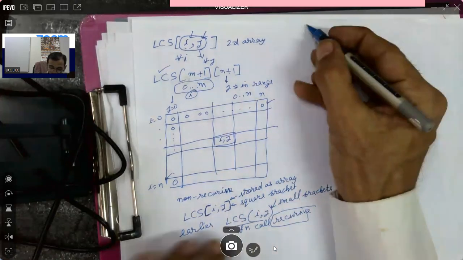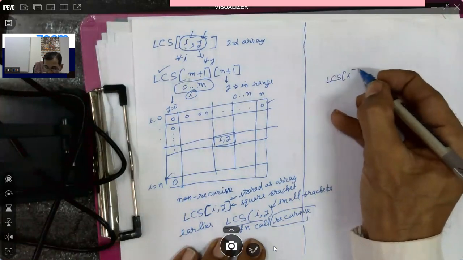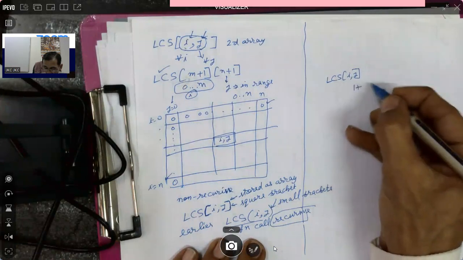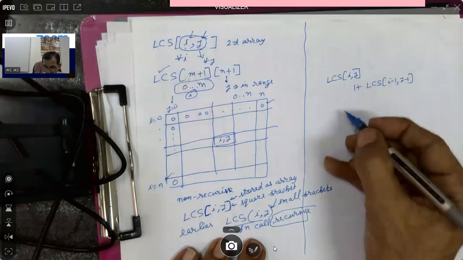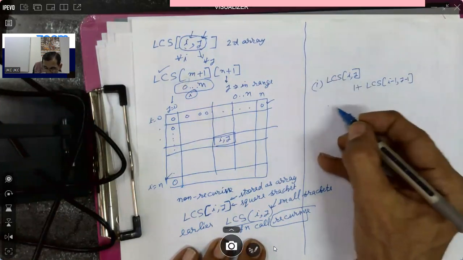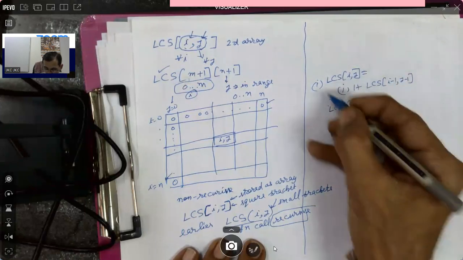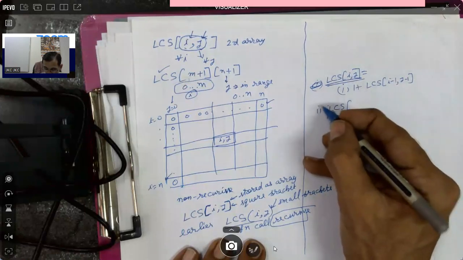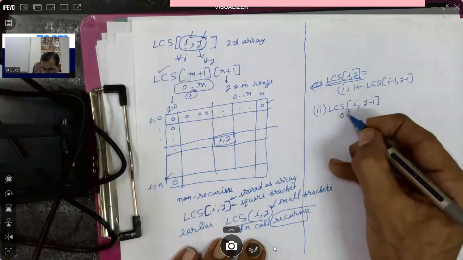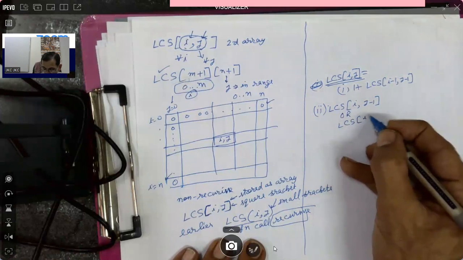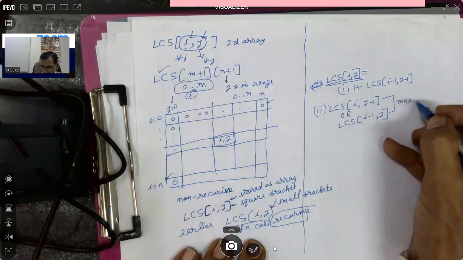So if I have to calculate LCS ij, remember what we need. In one case, I needed 1 plus LCS of i minus 1, j minus 1. That was the first case. The second case was I needed LCS of i, j minus 1 or LCS of i minus 1 and j, because out of these the maximum we were using.